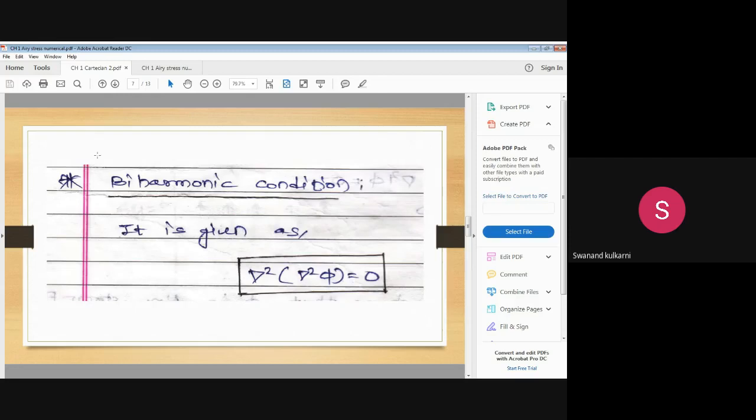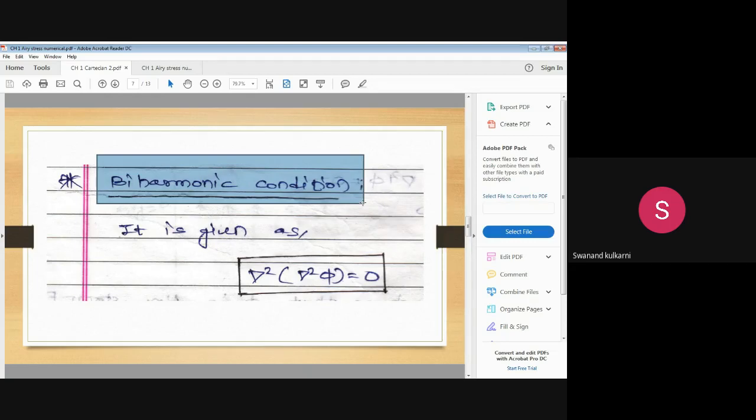Is it okay? Now recently we have gone through this concept of the biharmonic condition. What is the biharmonic condition? It is del raised to 4 phi is equal to 0. So what is del? Del is the Laplace operator. Phi is the potential function.